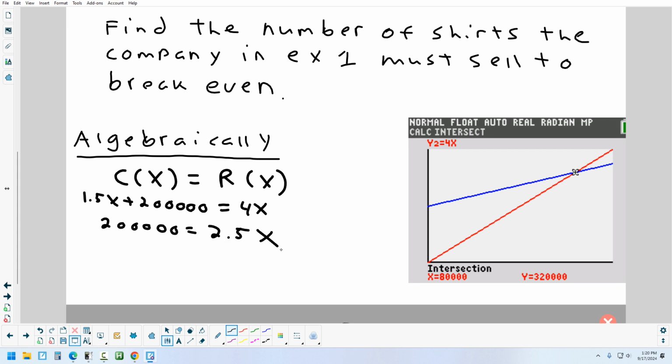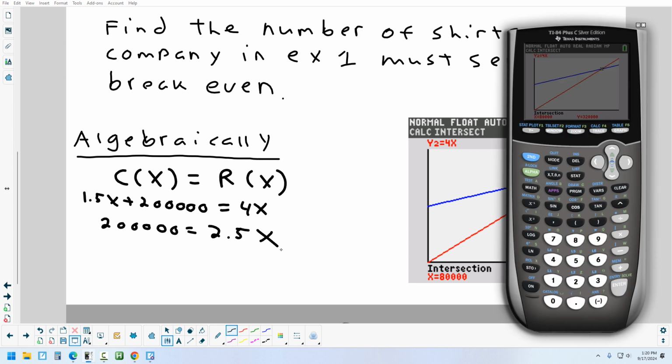So we have 200,000 equals 2.5x. And how would we get rid of the 2.5? Yep, so take 200,000, divide by 2.5, and hopefully we get 80,000.